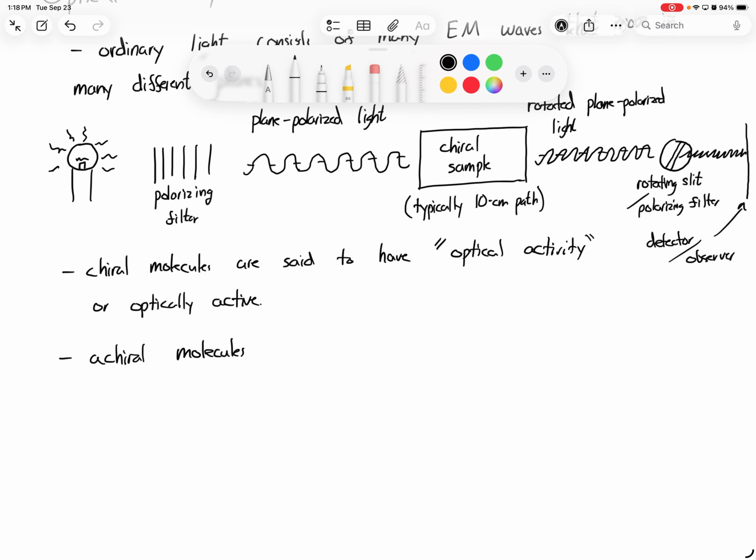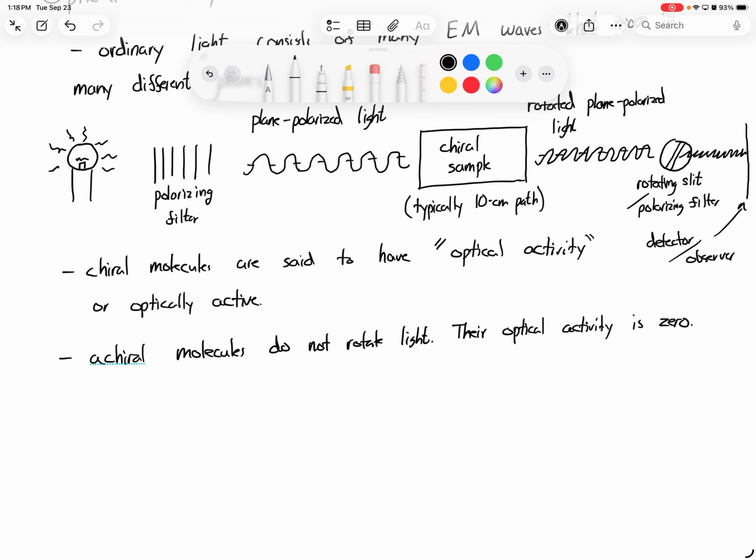So they do not rotate light. In this case, their optical activity is 0. They don't rotate the light at all.